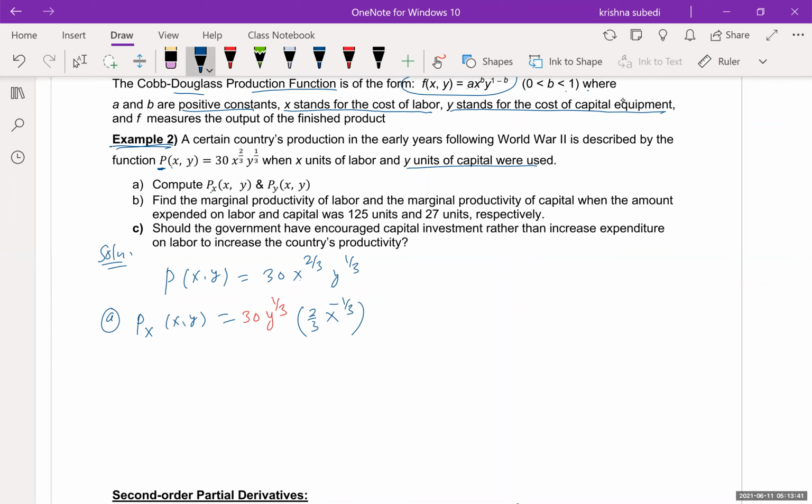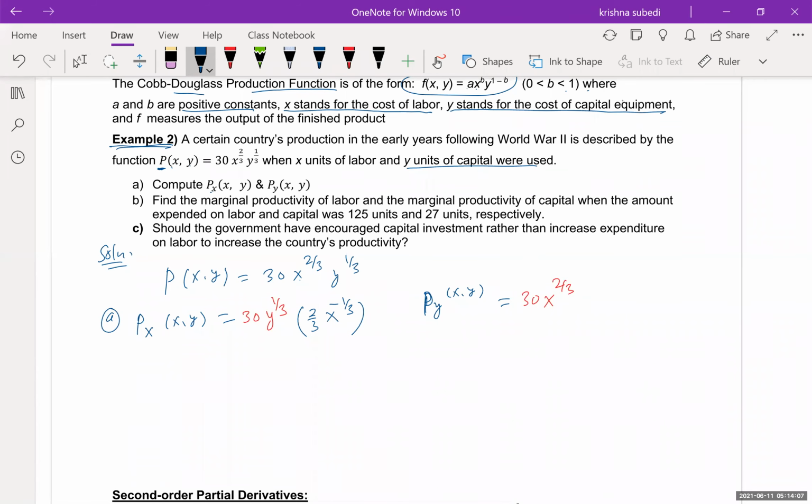And P sub y, which means the marginal productivity with respect to y. In this case, your constant will be x, 30 x raised to power 2 over 3 is constant.